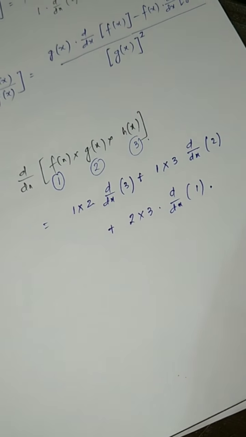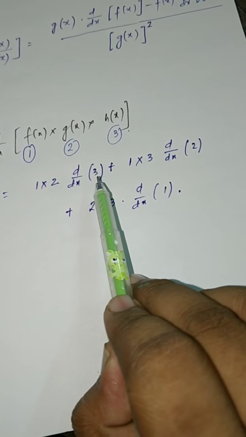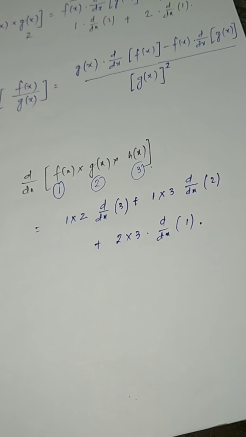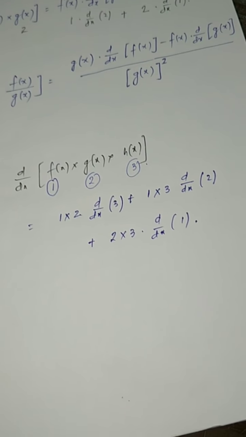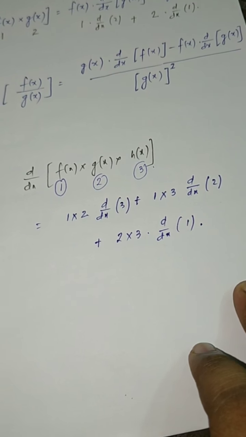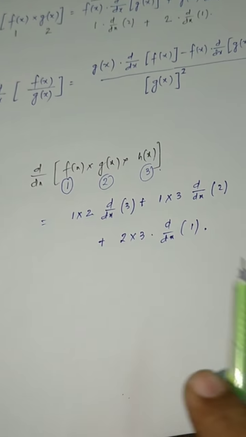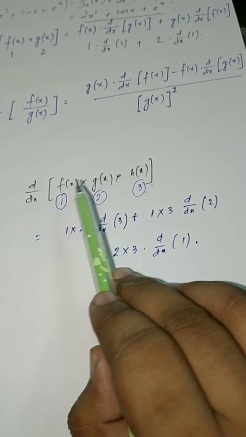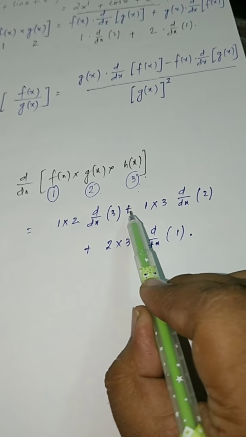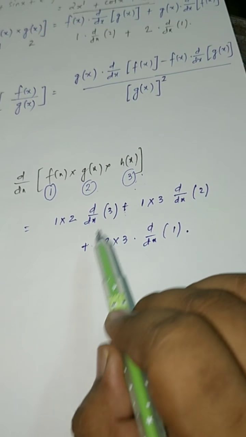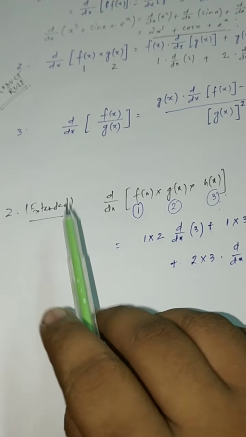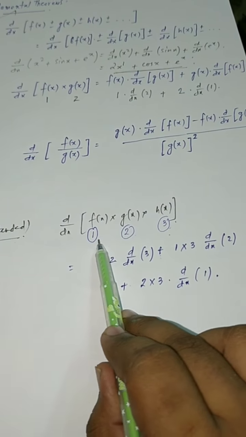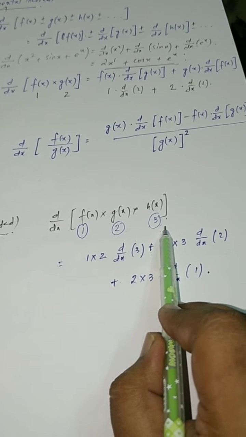So every single time we differentiate one of these three functions, and the remaining two will be kept outside the differentiation. The simple logic: 1 2 d/dx of 3, 1 3 d/dx of 2, 2 3 d/dx of 1, and every single time we have an addition here. That's the extended version of the second theorem. Here we have taken f(x) multiplied by g(x), here it is f(x) multiplied by g(x) multiplied by h(x). That is the thing.